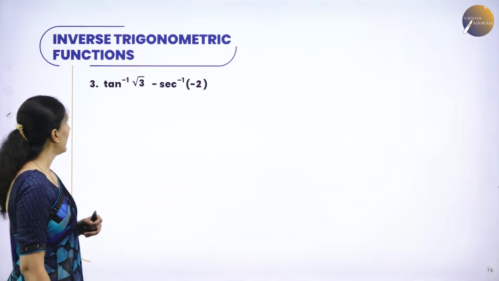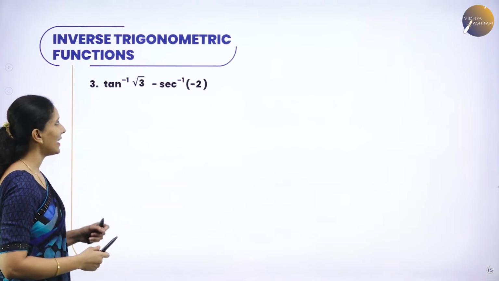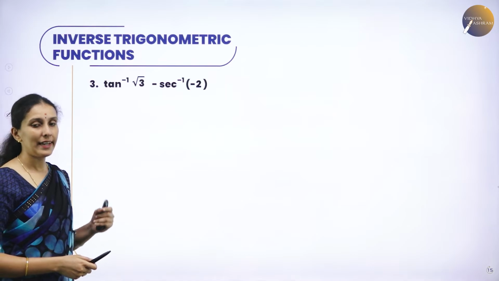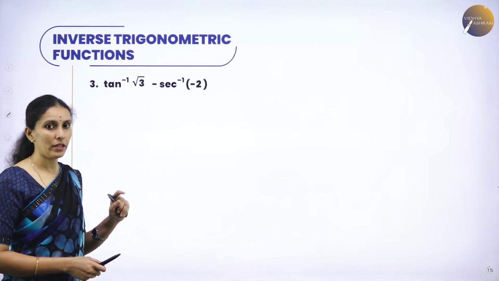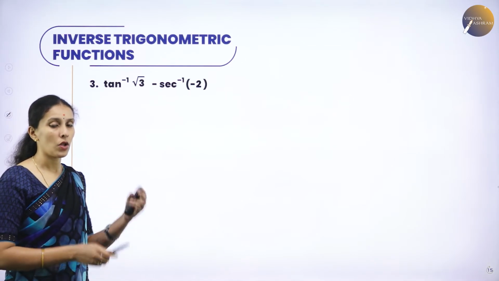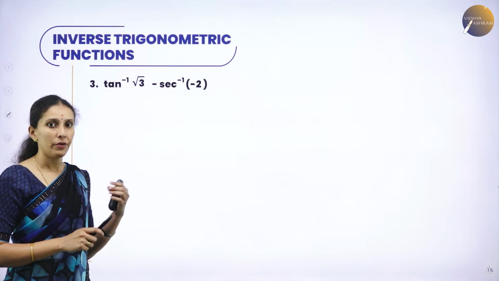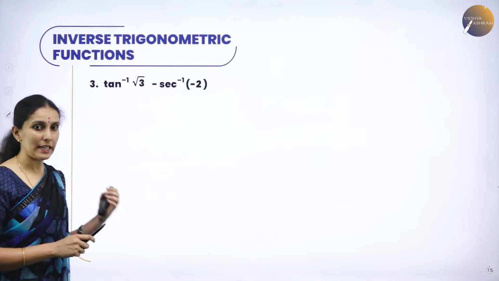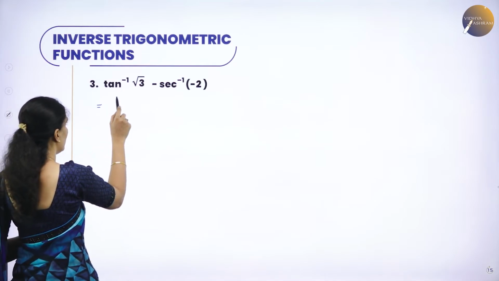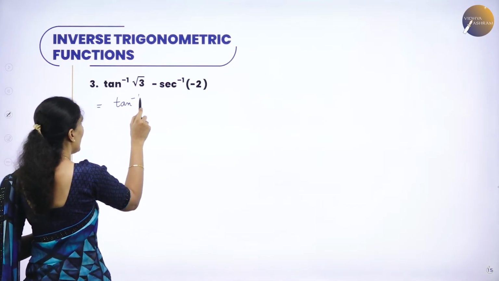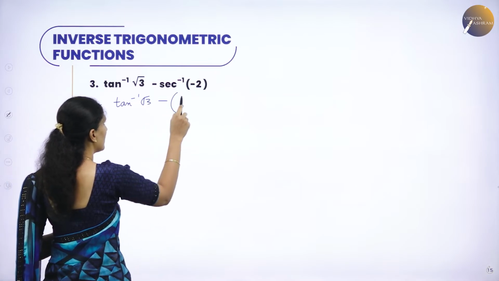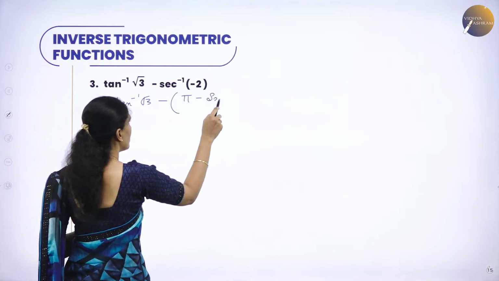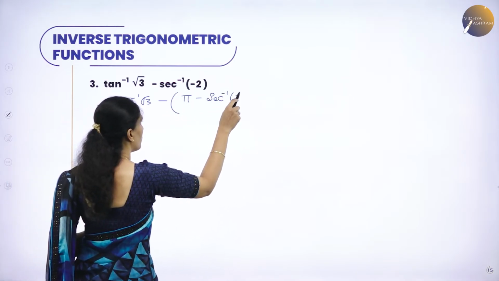Next question, tan inverse root 3 minus secant inverse of minus 2. Secant inverse of minus x must be written in the form of pi minus secant inverse x. Only for cos and secant, you can take it in the form of pi minus cos inverse and pi minus secant inverse. So therefore this is tan inverse root 3 minus pi minus secant inverse of 2.